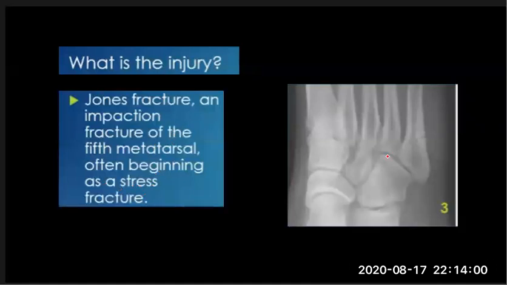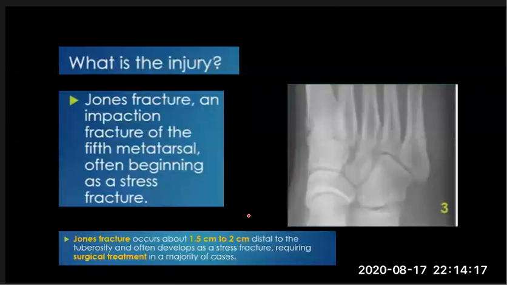What is another name of Jones fracture? Does anyone know? Dancing fracture. Dancing fracture, okay. The treatment, as we showed before in a case, is surgical in most cases, with internal fixation.